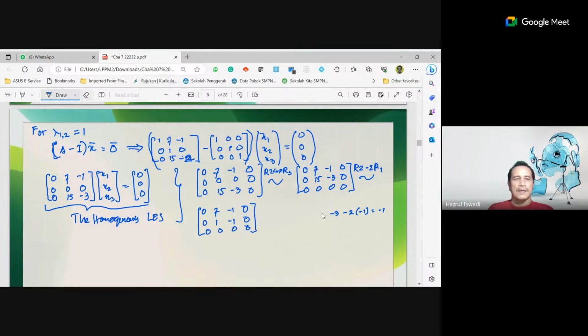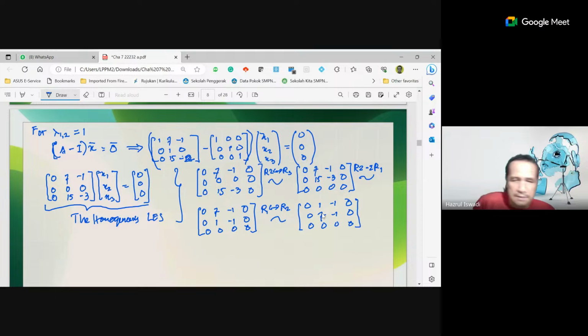Okay, after that we can switch again row 1 with row 2. We have that 0 1 minus 1 0, 0 7 minus 1 0, 0 0 0 0.